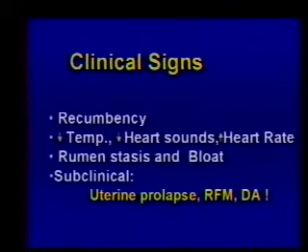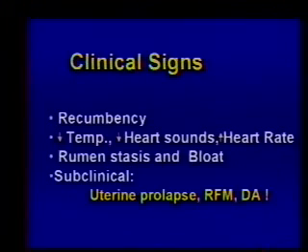Now, with the subclinical form of milk fever, these are cows whose calcium concentration is below 8, but the concentration is not low enough to predispose the cow to paresis or to make the cow recumbent.